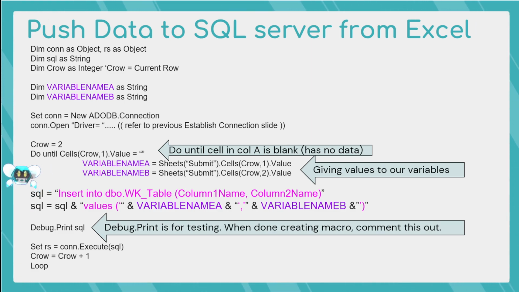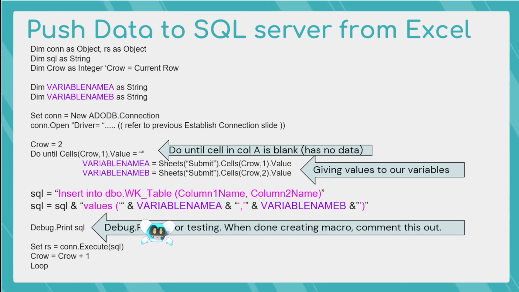So below that, I have SQL equals SQL and add in the values. And this is just taking the value, the string that we gave it before, this insert into. We're going to take that full string and then just keep adding to it. So that way you can keep building your query line by line versus having one row with everything on it, just to make it easier to read.